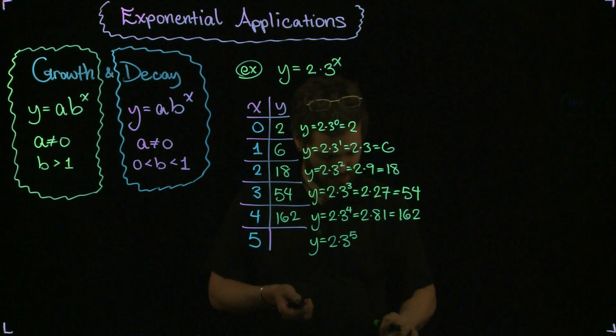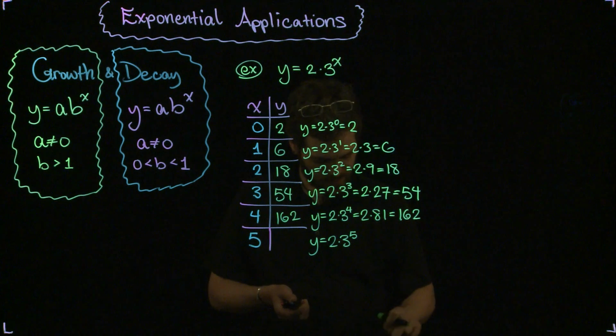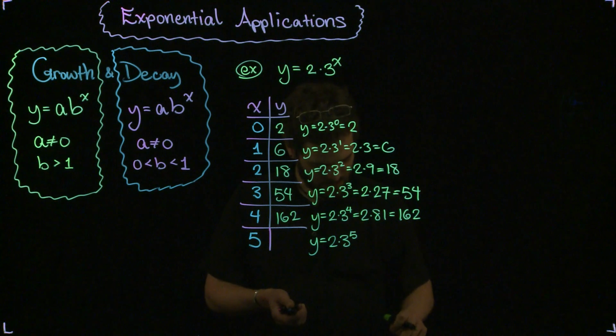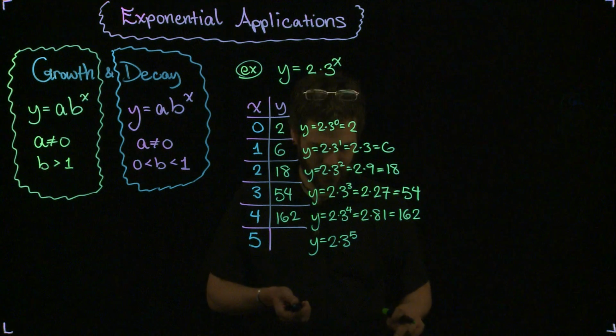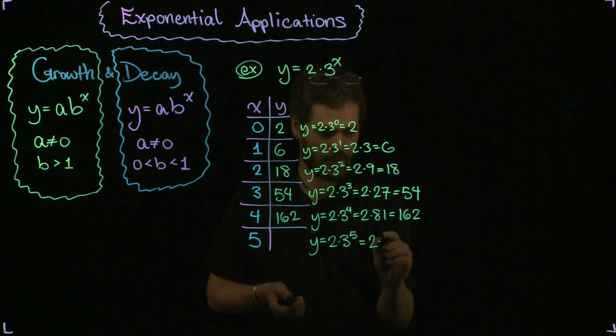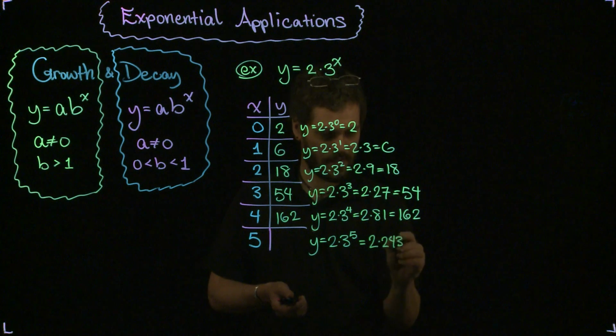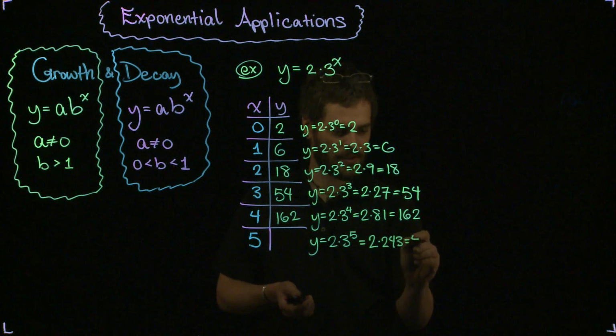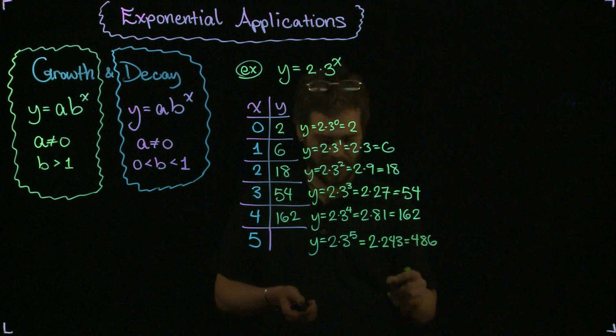It's 27 times 9. Here, I'm going to put that into my calculator, or I can just put 3 to the fifth power in my calculator and then times 2. So this is 2 times 243. Holy cow. Times 2 is 486. Wow.